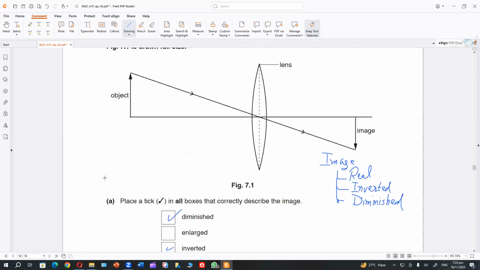So I need to draw another ray. You have to connect the image from the lens.